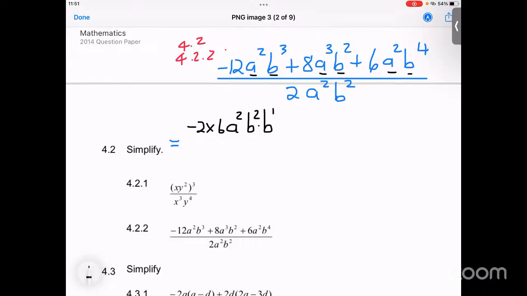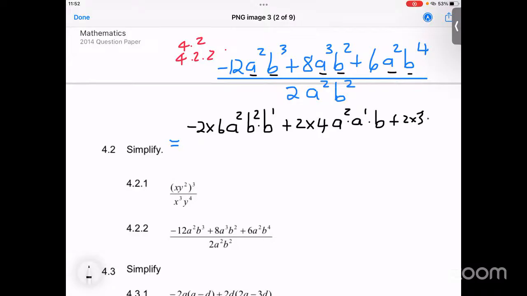And then for the second term, it is the same as 2 times 4. In terms of the a's, I will separate it to make it a squared times a. Why? Because I know that I'm going to have to take out that a squared. Same on this side. 6 is the same as 2 times 3.